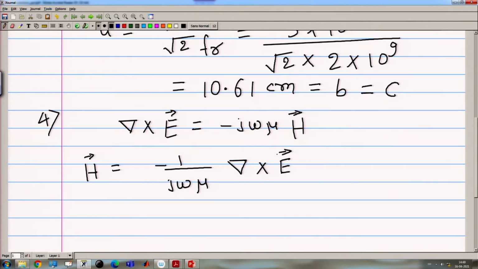Vector H equal to minus of 1 by j omega mu into del cross vector E.